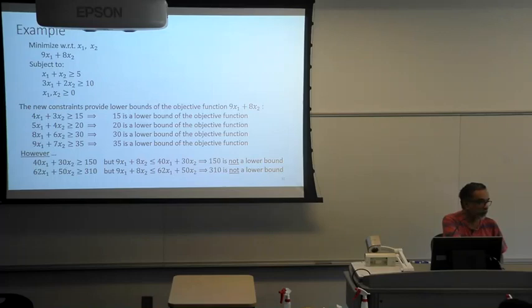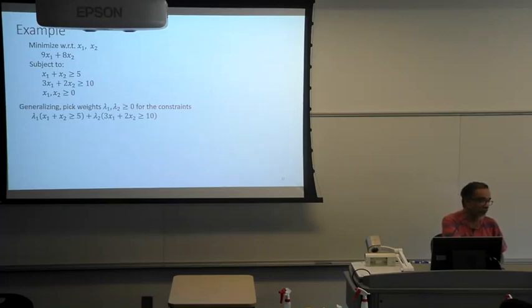So now, let's call the weights lambda 1 and lambda 2. In general, this is how we try to find the lower bound. We take weights lambda 1 times the first constraint plus lambda 2 times the second constraint. And then we get this.